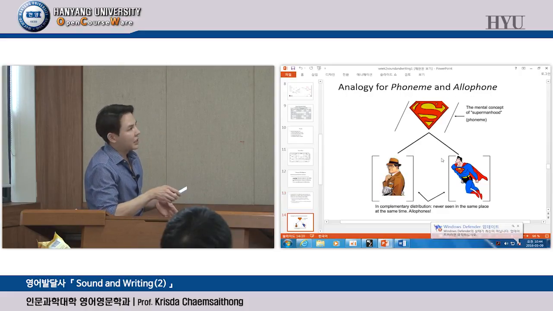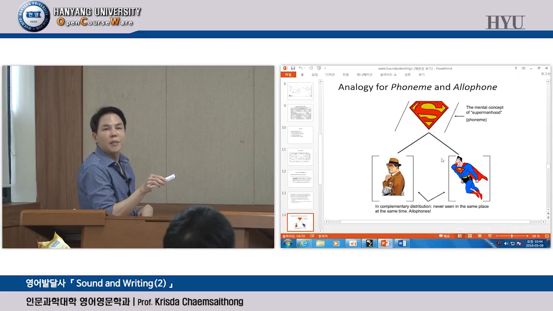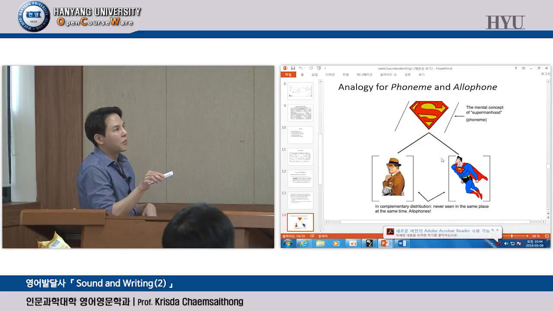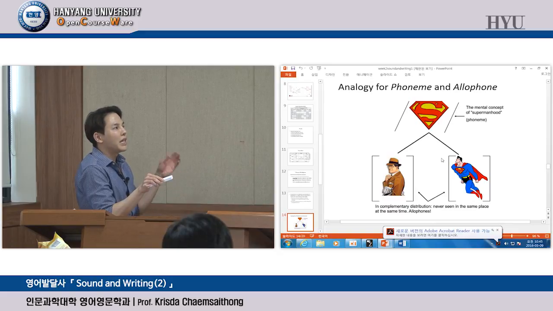So the concept is like this. If I were to use an analogy for phoneme and allophone, if you see this symbol, you know what it stands for, right? This symbol is the symbol for supermanhood, right? But in reality, in actuality, you don't see this, right?